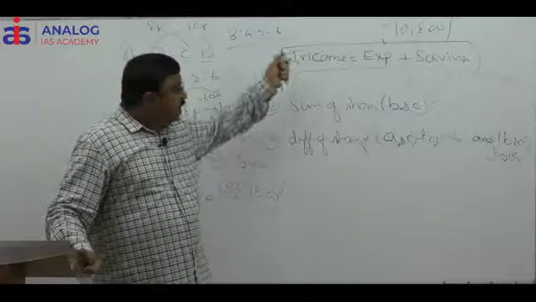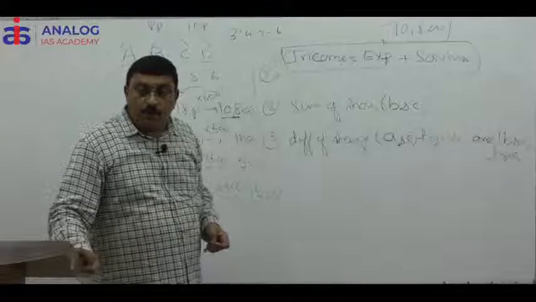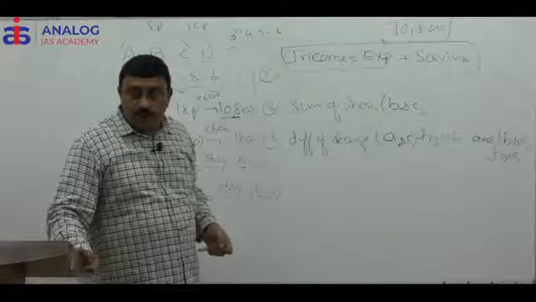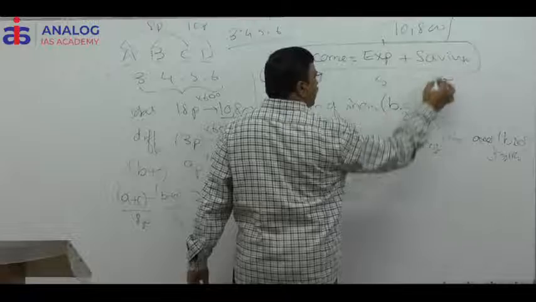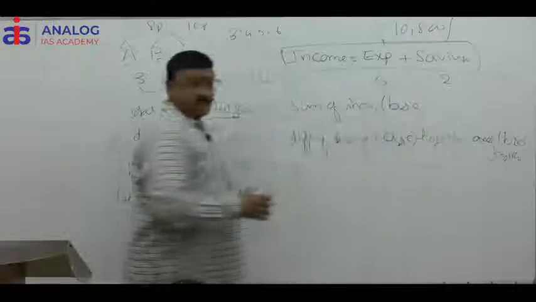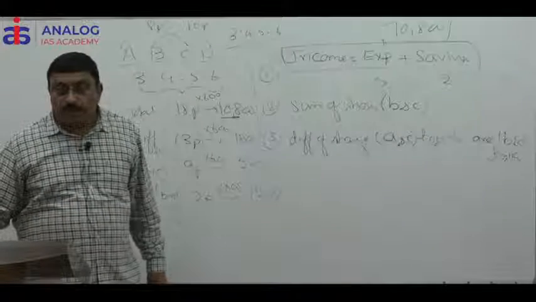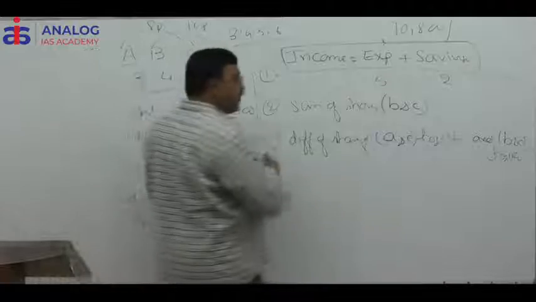Will income be more or expenditure? Obvious, right? Suppose expenditure is 5 rupees and savings is 2 rupees. What should be the income? Income will be 7.